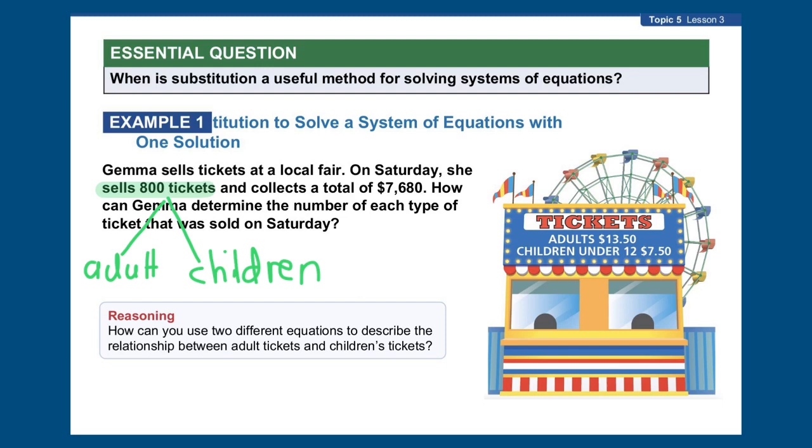I also know that she collected a total of $7,680. It's important for us to notice that we have some ticket prices right here. So we are going to build 2 equations. One has to do with how many tickets, and one has to do with the money.